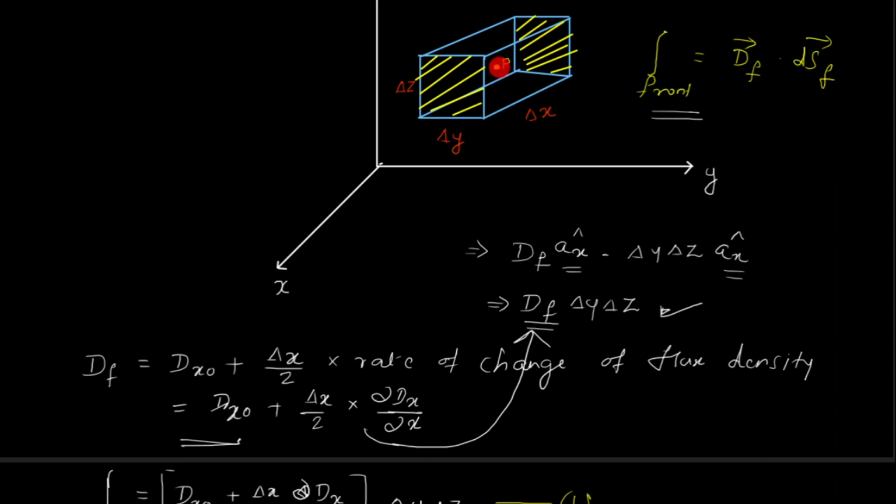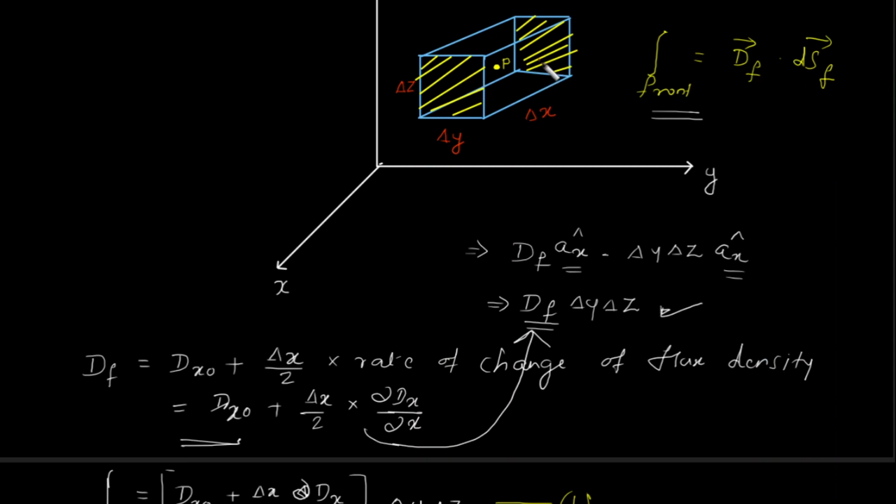It should be dx naught minus x cap, or I can notate that the initial value at P is minus dx naught, or in other words, the entire calculation on the back side will be the negative of the entire calculation on the front side. Okay, first thing to be noted.